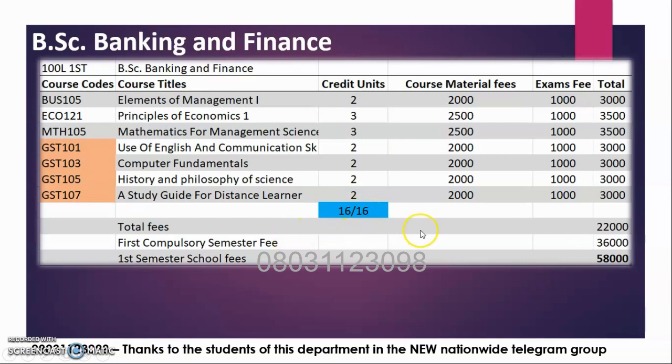You'll be paying the first compulsory fee of 36,000. Other compulsory fees for future semesters is 18,000, not 36,000 anymore after this semester.